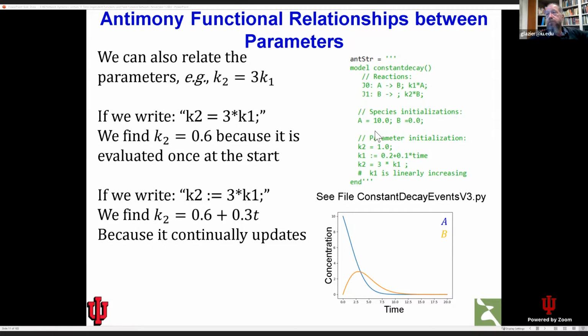So let's try that. Let's say K1 colon equals 0.2 plus 0.1 times time, or the sine of time, if you like. And now you say K2 equals 3 times K1.